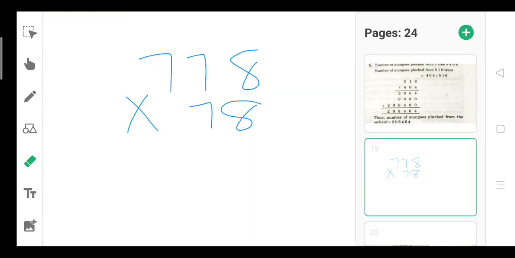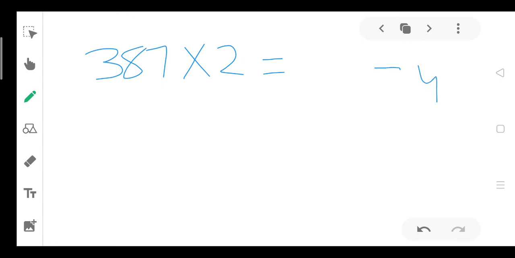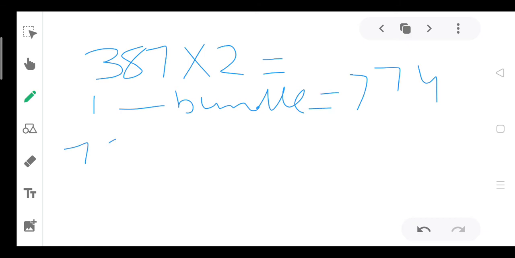Yeah, this is here. 387 was the weight of one bundle, 387 books now, and one book weighs 2 kg, so it is 7 2s are 14, 1 carry, 3 2s are 6 and 7. It is 774. This is the weight of one bundle, and we have to find out the weight of 78 bundles.